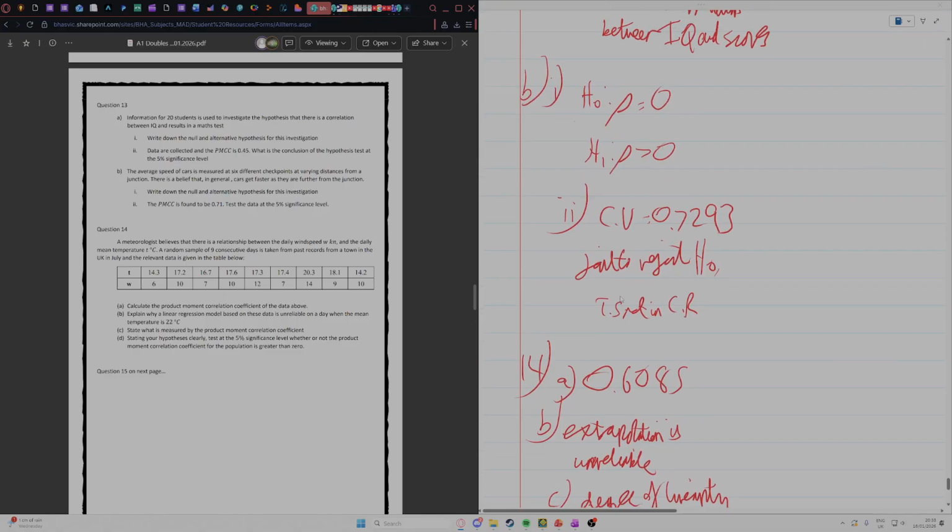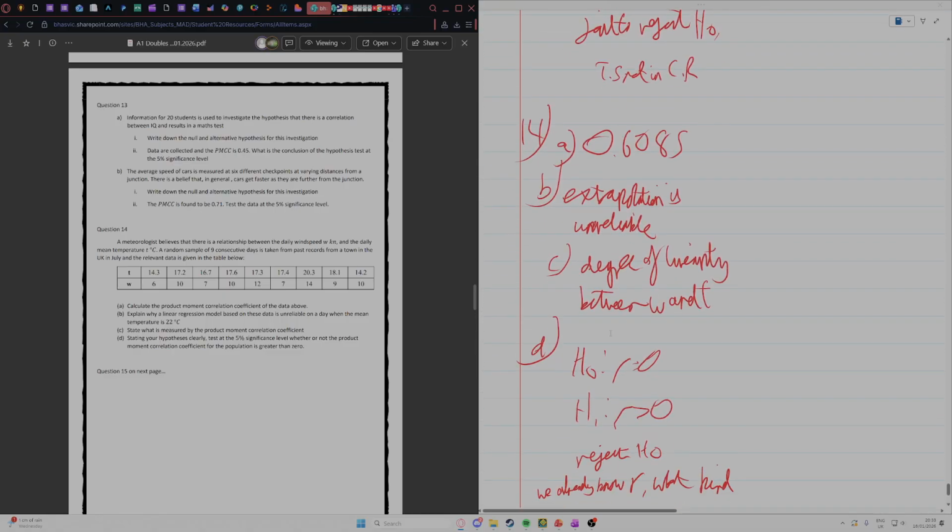Next, this is a question that I just completely copied, really, because finding the PMCC, I don't really know what they expect you to do, and it's definitely quicker to just look at the answers instead of calculating the PMCC with your calculator. I don't think anyone can be bothered to do that. Next part, just say that they're extrapolating, which is unreliable. Measured, that's just the degree of linearity between the two variables, and then you do the test.